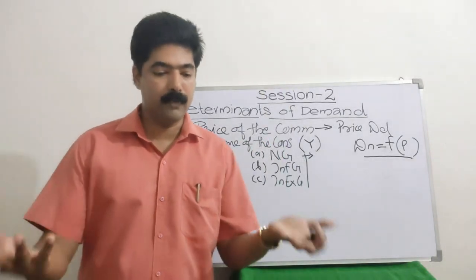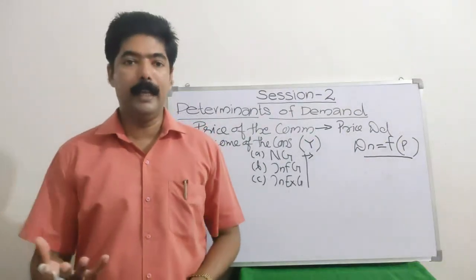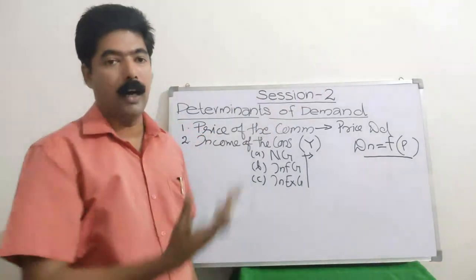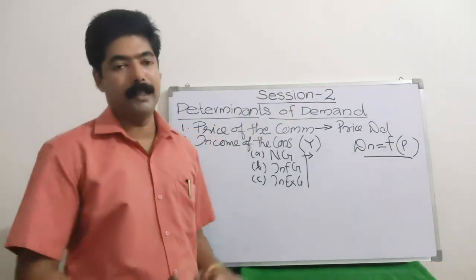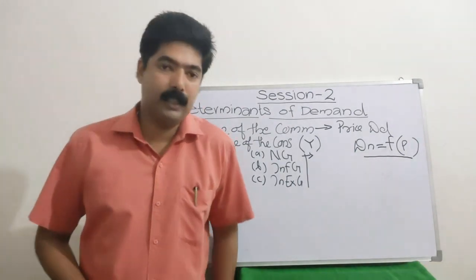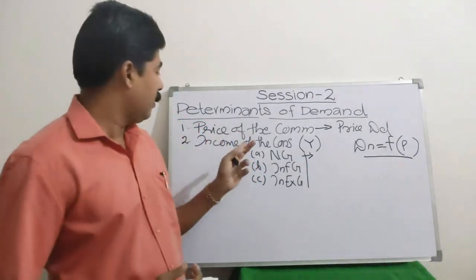In general, whatever commodities we purchase in day-to-day life, like for example cars, refrigerators or food items, the ability to purchase those commodities is completely based on income.